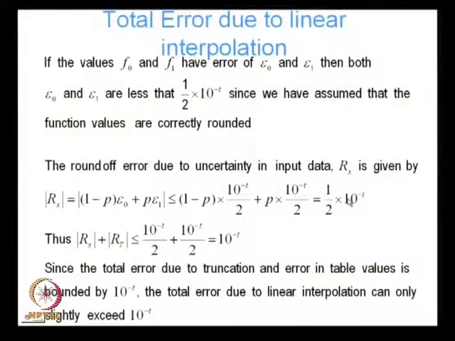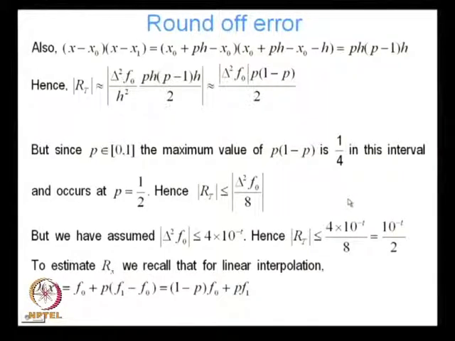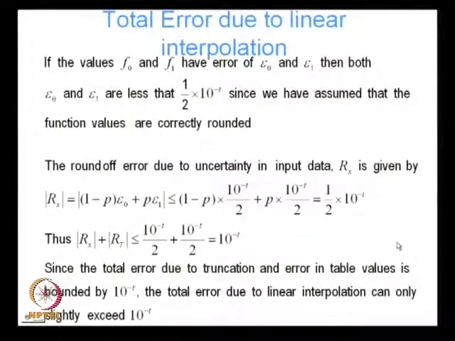Now, we saw that the bound on the truncation error was 10 to the power minus t by 2. We have found that the bound on the round off error is also 10 to the power minus t by 2.